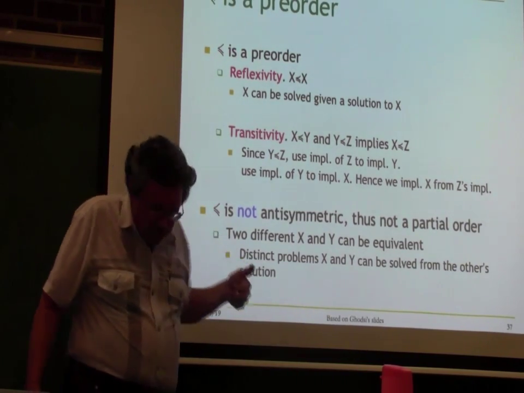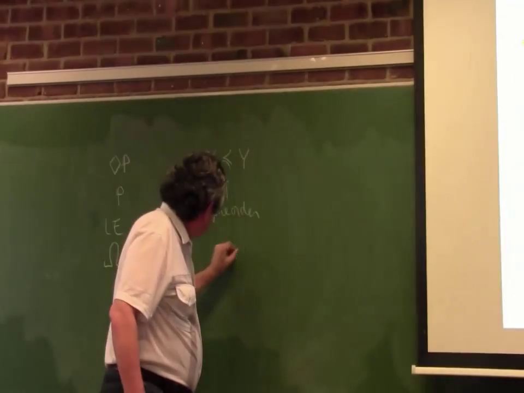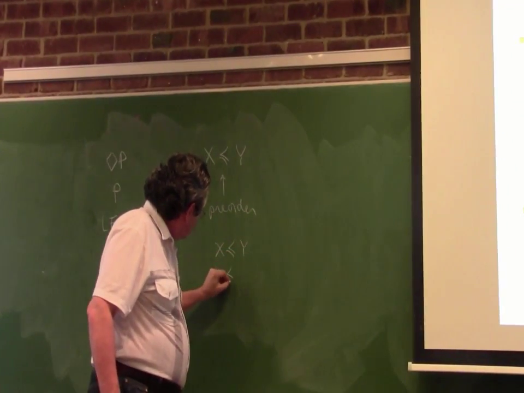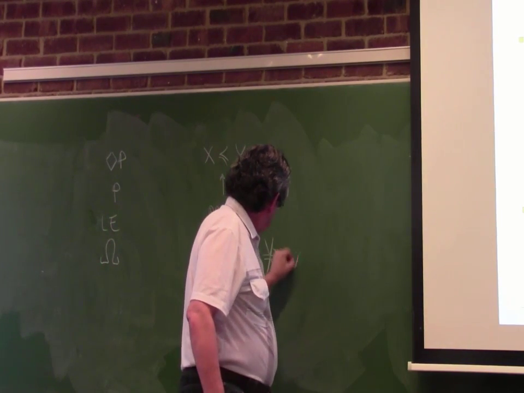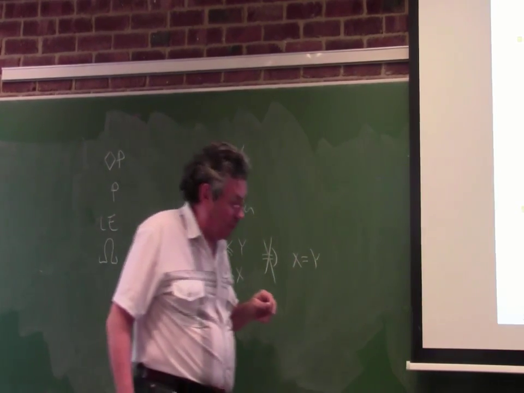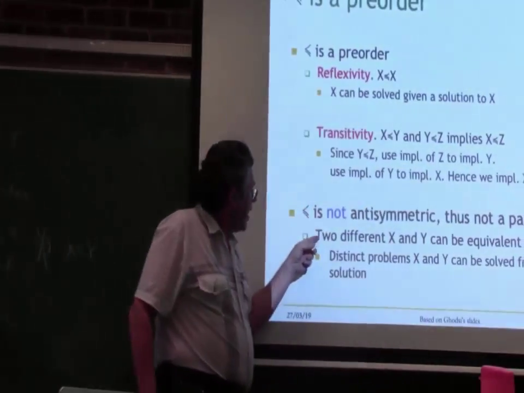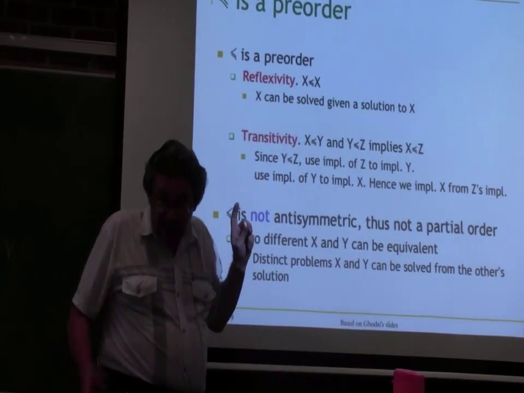If x can be solved by y, and y can be solved by x, then it does not mean that they're the same problem. They're equivalent problems. So if x can be solved by y and y by x, it does not mean they're the same problem.